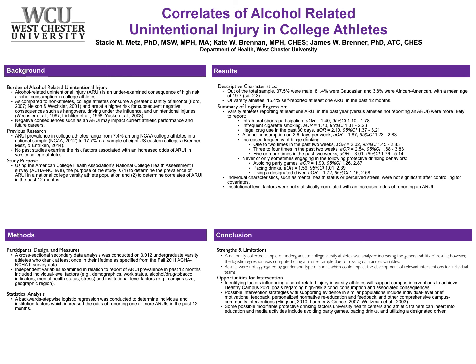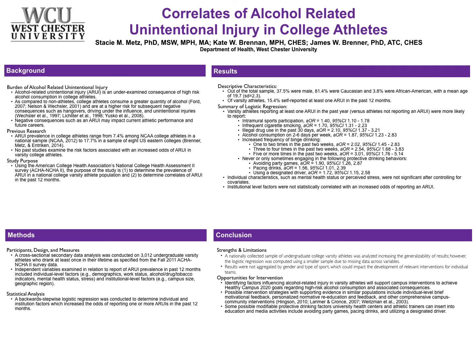But some things that are good, again, it's a light colored background with bold colored, dark colored text. And the sections are separated. Background, methods, results, conclusion. And then within each of those sections, they're separated into the burden, previous research, and you can identify here the study purpose, as well as in the methods section, you can see the participants' design and measures, what statistical analysis was done.